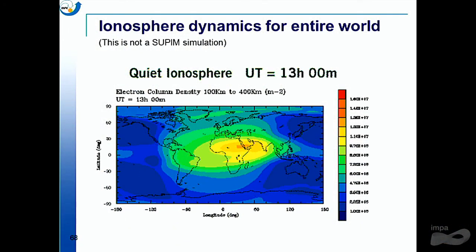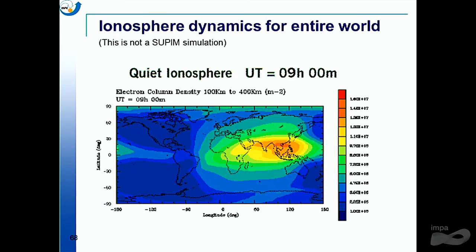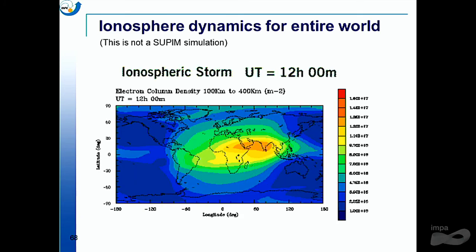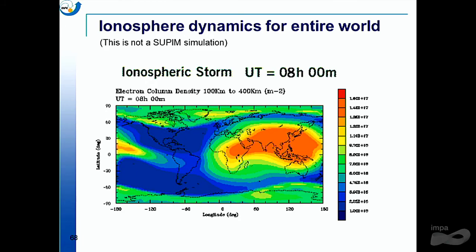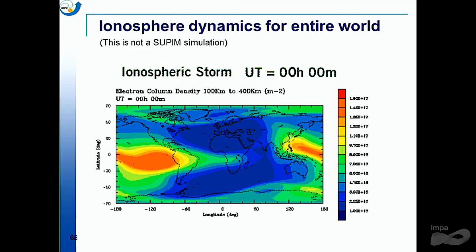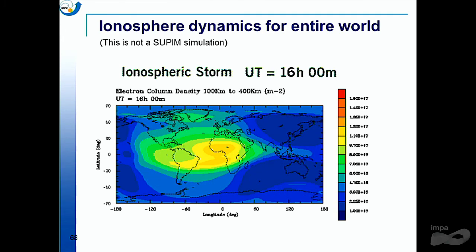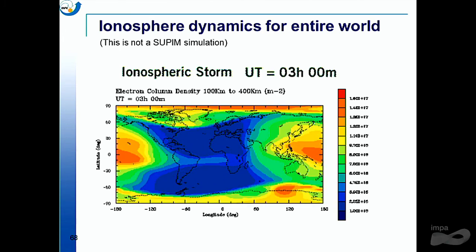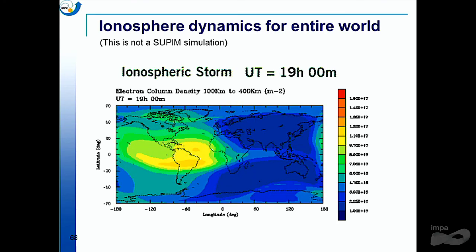When you have a quiet ionosphere, it's standard, regular solar activity. But when you have some ionospheric storm, you can see that over the poles there is much more electron concentration, and maybe this is another way to see the aurora borealis. Thank you very much for your attention.